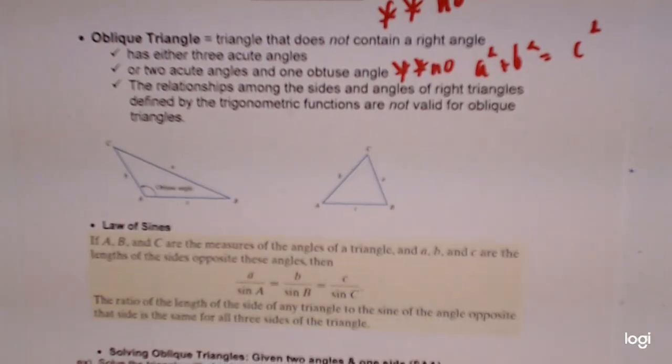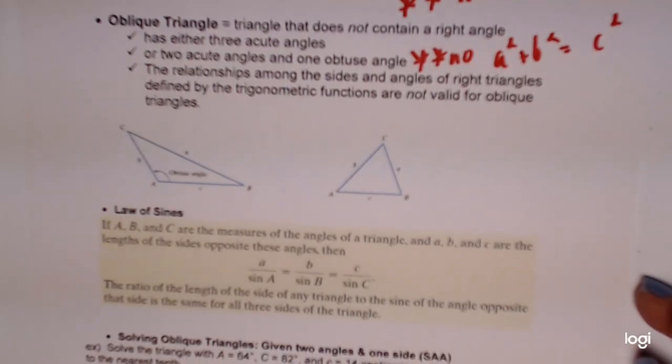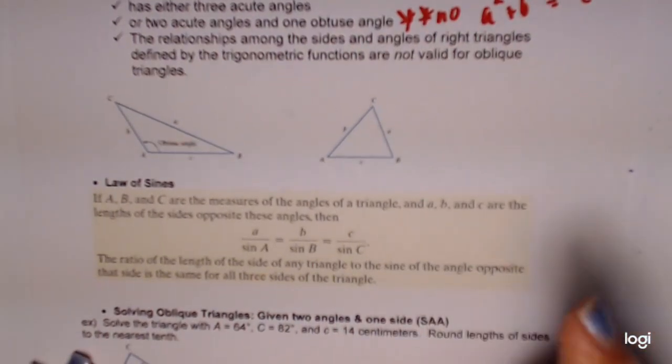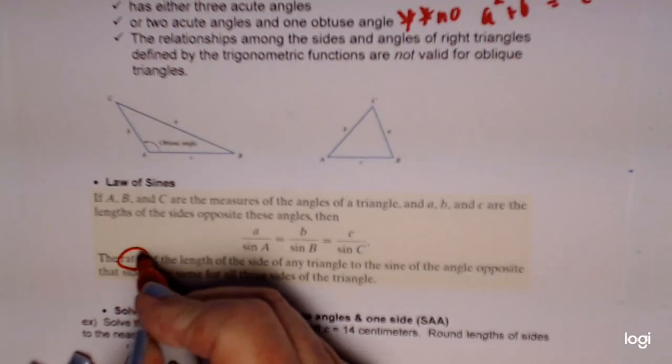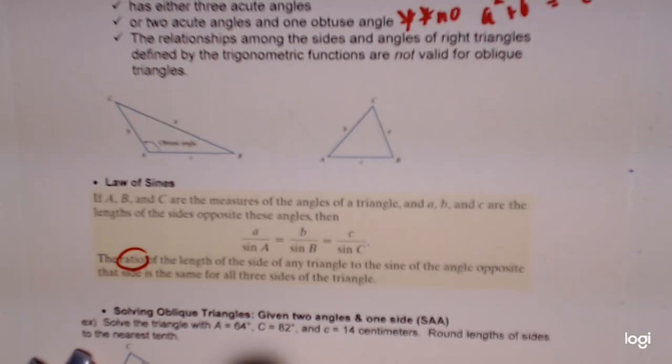Getting back to the law of sines, the law of sines is all about ratios. What the law of sines tells us is if we know some angle and we know the length of the side opposite, we can make a ratio with that.